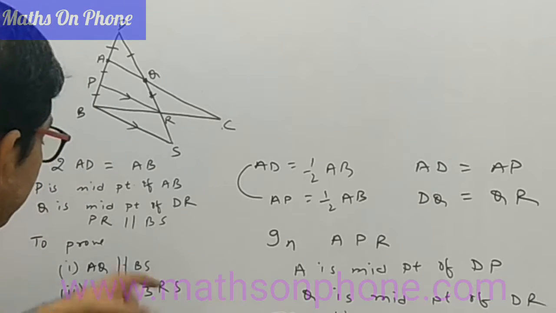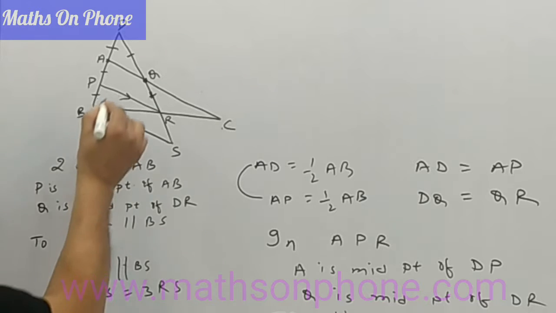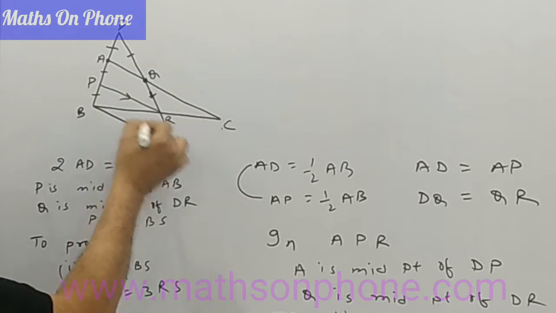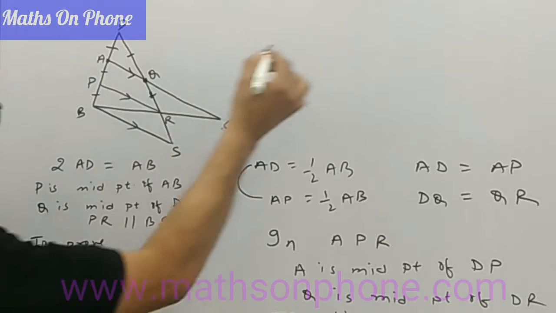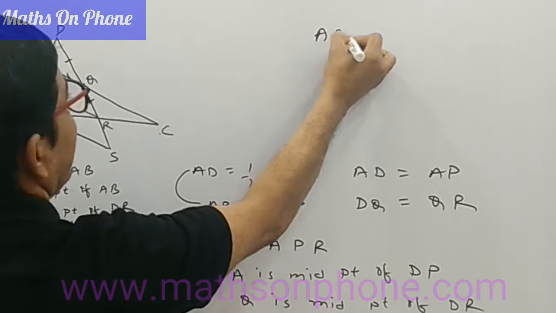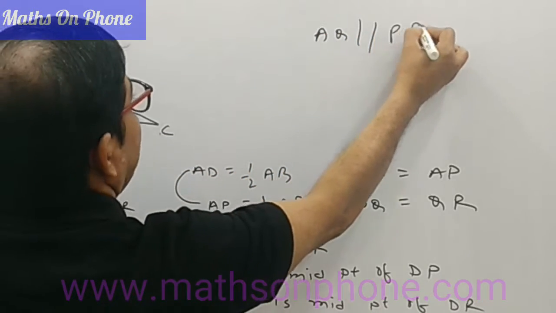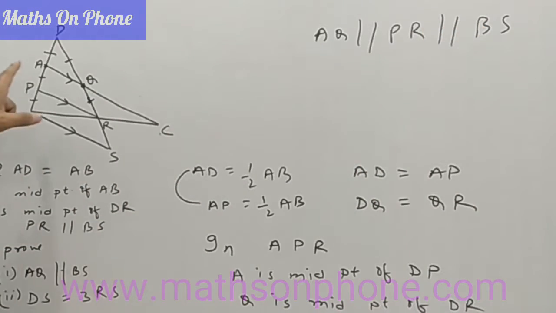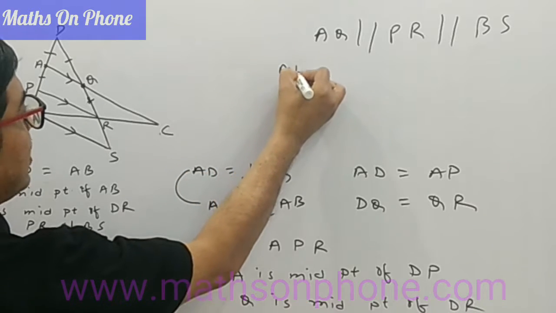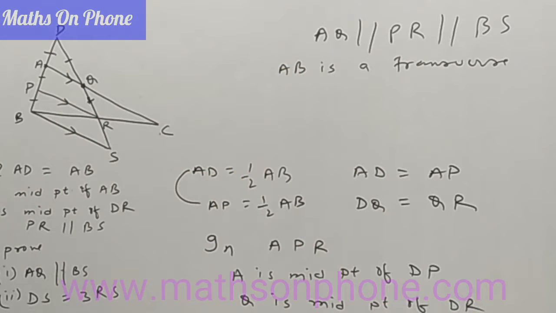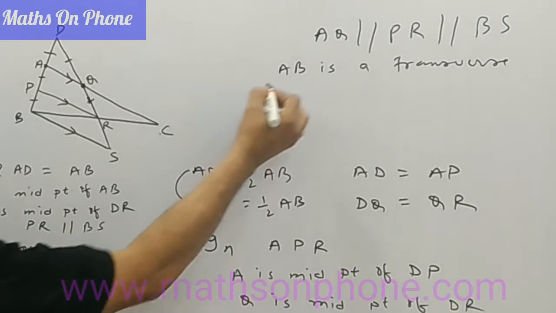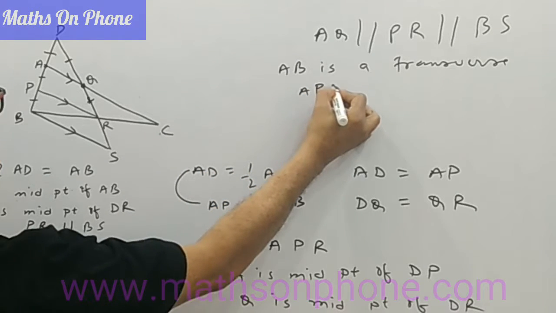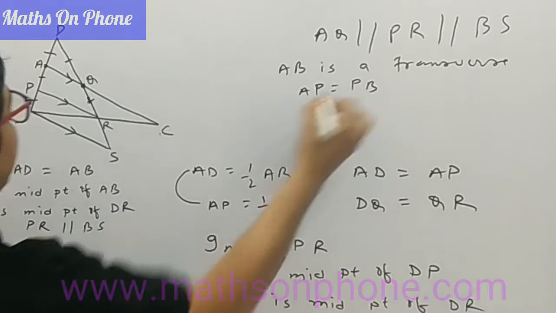Now we need to prove DS is equal to 3RS. Now we have proved that AQ is parallel to BS. What do we see? That AQ is parallel to PR is parallel to BS. So 3 lines are parallel and AB is a transversal making equal intercepts. What equal intercepts? AP is equal to PB.